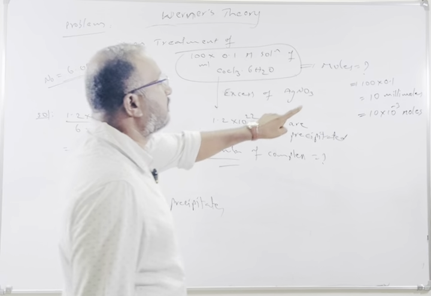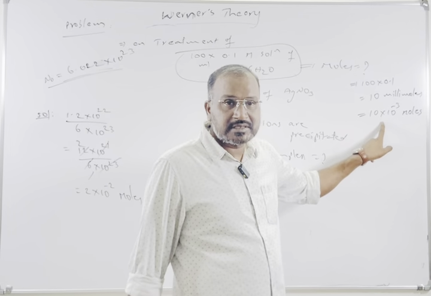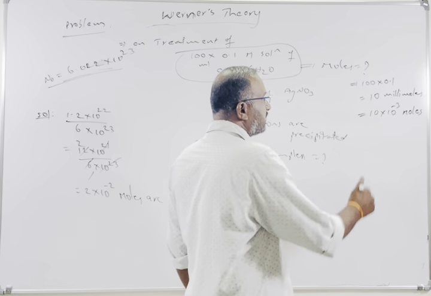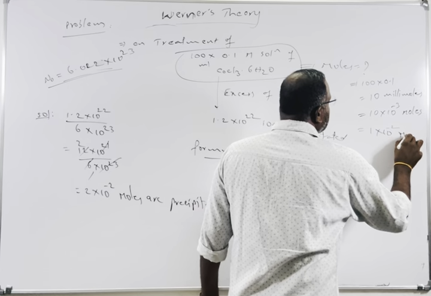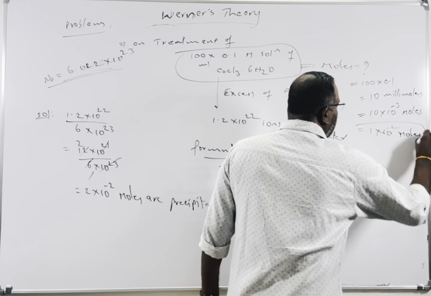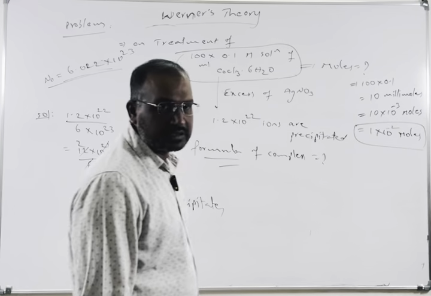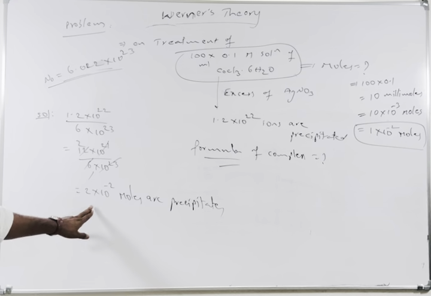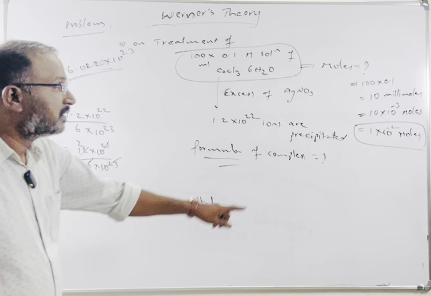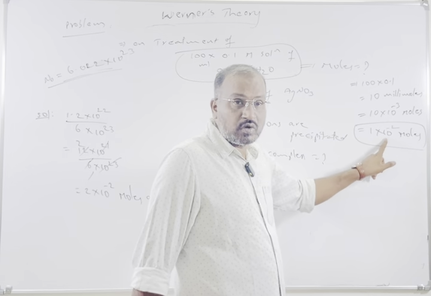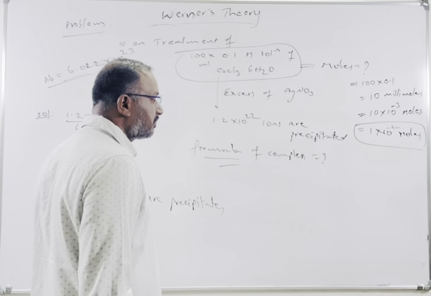So 10 into 10 power of minus 3 means 1 into 10 power of minus 2 moles. See, the amount of precipitate is 2 into 10 power of minus 2 moles, and the amount of complex is 1 into 10 power of minus 2 moles.